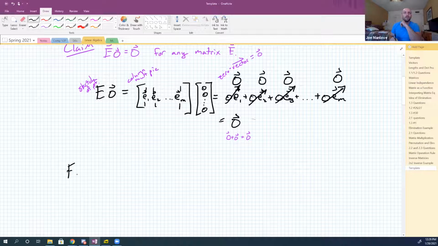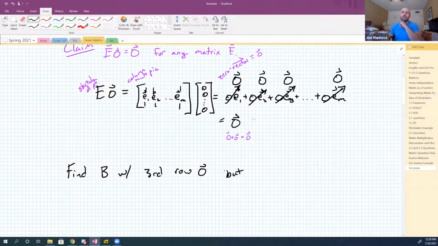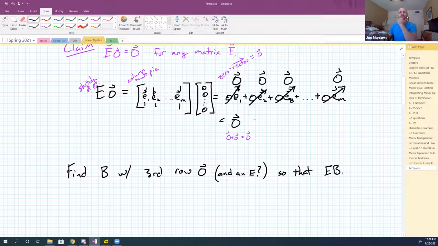I just want to find a B with third row 0, and an E, I guess, so that the third row of EB isn't 0. You guys with me on this?